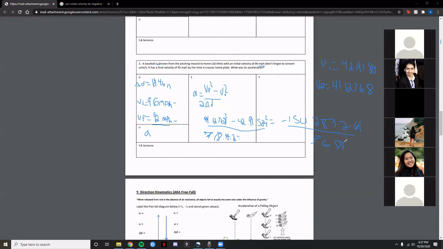That's right, right? What I've been doing so far is doing it step by step. I do 41.11 whatever minus 41.906 whatever and I get negative 150. Then I divide that by 2 and multiply by 18.44, and that gets a different number.